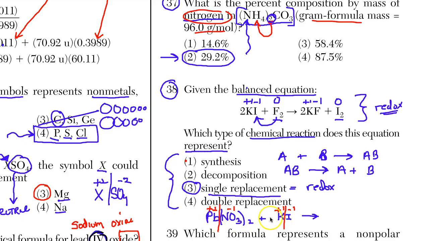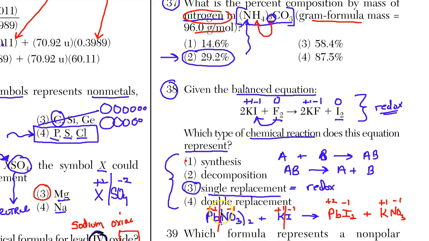So we're just going to basically do-si-do, switch our partners. If you're into square dancing, I hope you're not. Lead iodine, so that's going to be Pb is plus 2. Iodine's negative 1, so you'll need 2 of them, right? And of course, we're going to have KNO3. K is plus 1. NO3 is that polyatomic cluster, and Table E says it's negative 1.